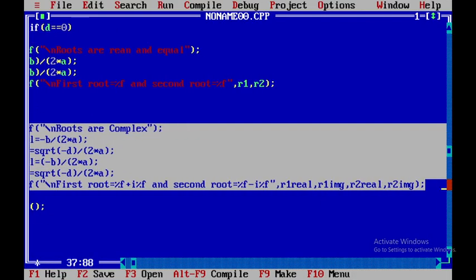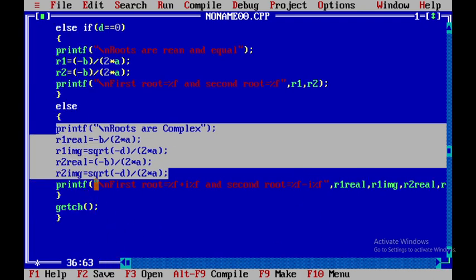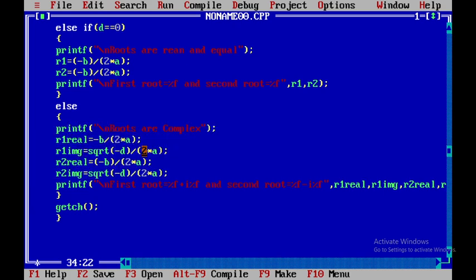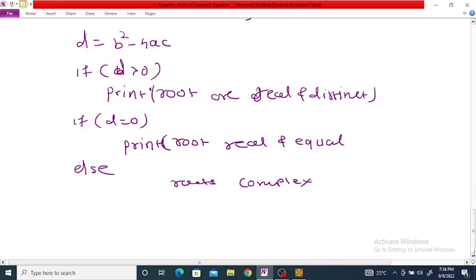So first we have evaluated here the real and imaginary part of the first root, and then real and imaginary part of the second root. Okay, so I'm going to explain this here. I'm writing this example again: x square minus twice x plus 10 equal to 0.